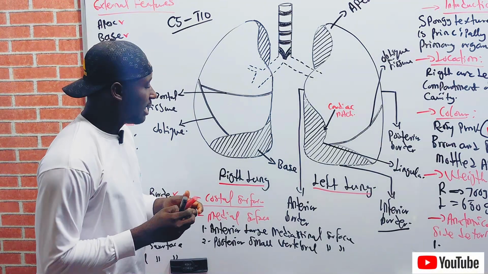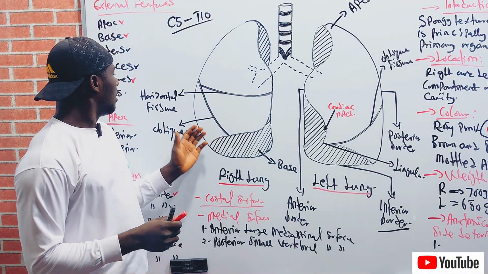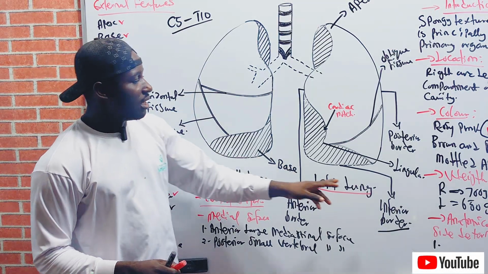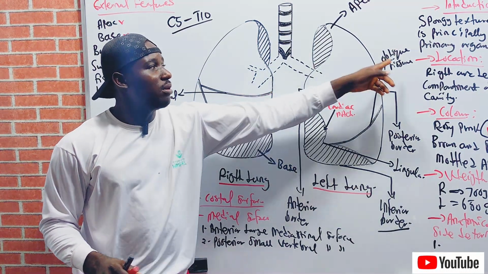Now, you have to understand that the right lung has two fissures, while the left lung has one fissure, which is the oblique fissure.